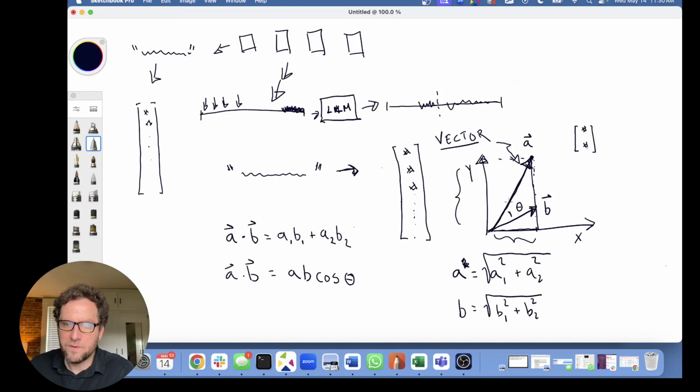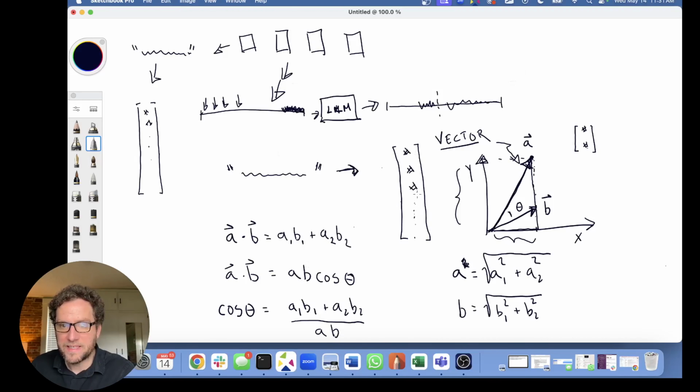So what you do is you use this inner product to solve for the cosine of the angle between them. That is simply going to be A1 B1 plus A2 B2 divided by the magnitude of A and the magnitude of B. I've just put this equal to that, and then divided by the magnitudes of A and B.